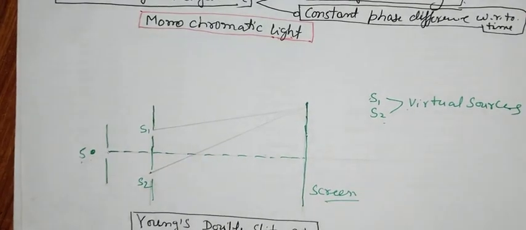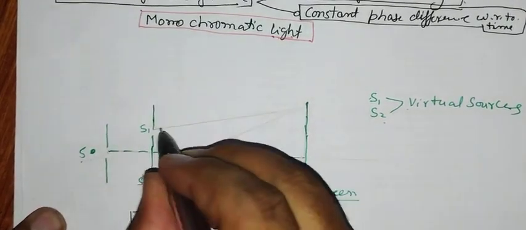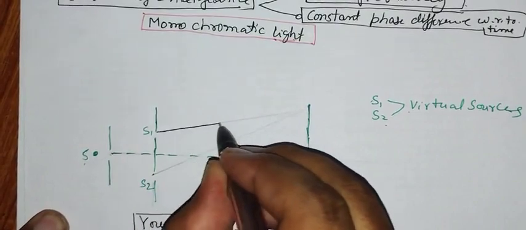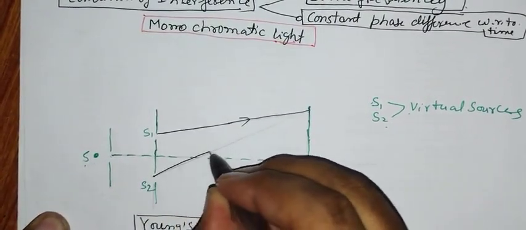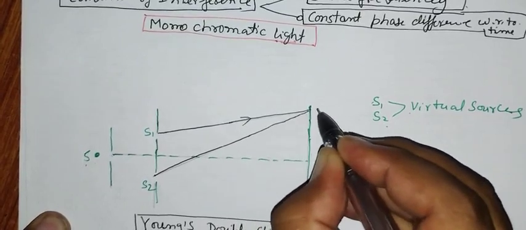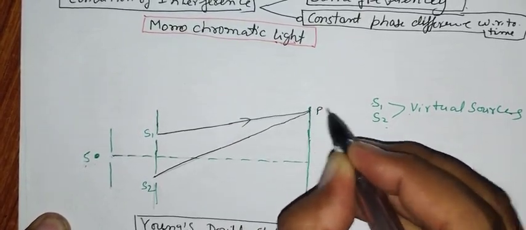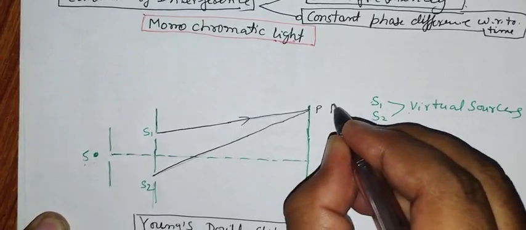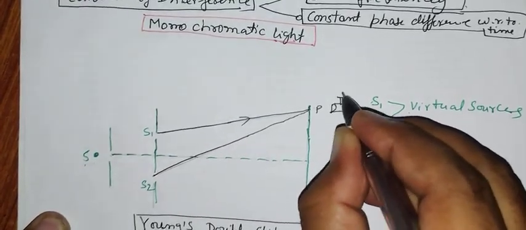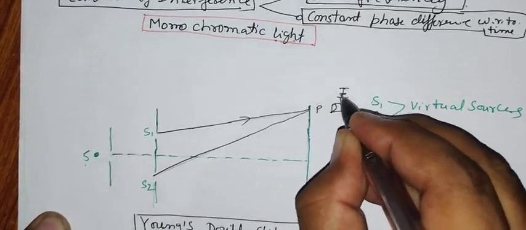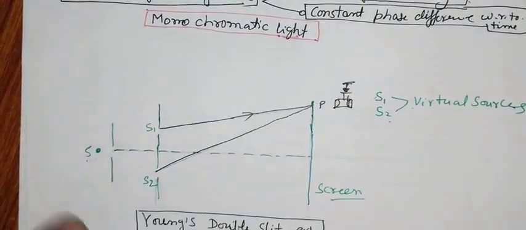As a result, both produce rays of light here and meet at point P, where the interference pattern is obtained with the help of the telescope T.